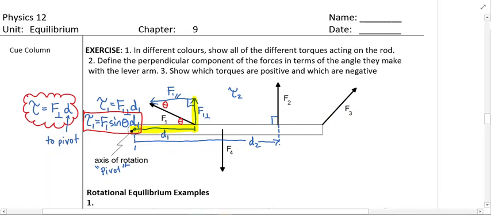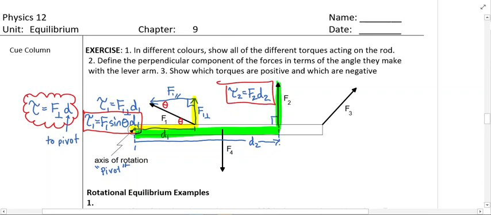Let me grab a different color highlighter. Here's your L. That distance times the entire force because it's all perpendicular. So there's no trig involved here. I'm just going to say F2 times D2, and that torque is done. There's no trig because this is entirely perpendicular.